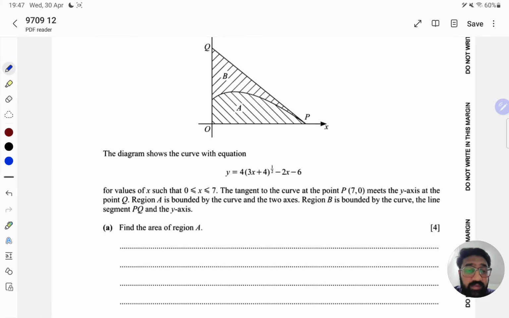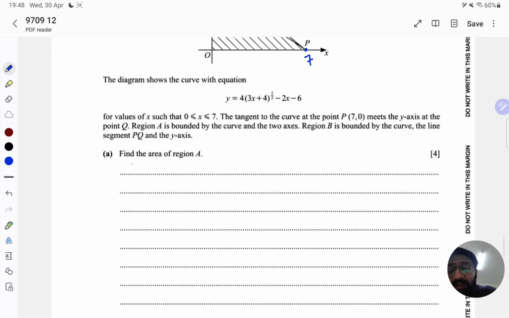The tangent to the curve at point P meets the y-axis at Q. Region A is bounded by the two axes, and there is a segment above which is region B. We need to find the area of region A. We know that this is 7 and that is 0. We can find that as well, because y is 0. So let's substitute y equals 0 in the above equation.